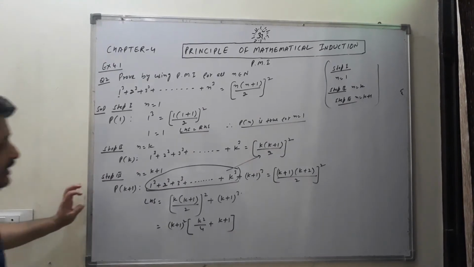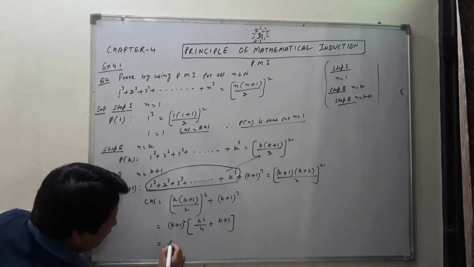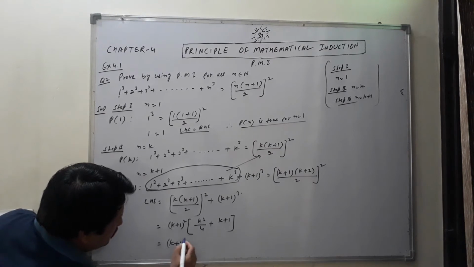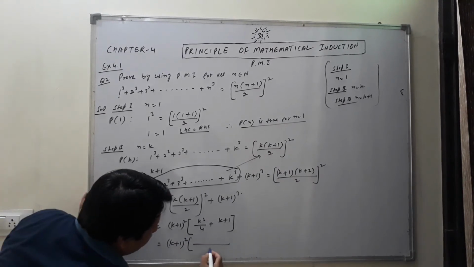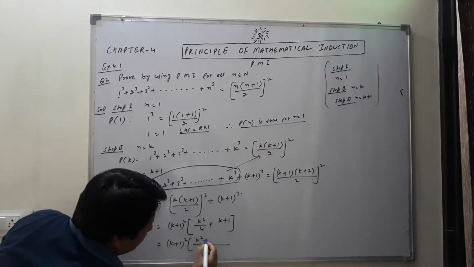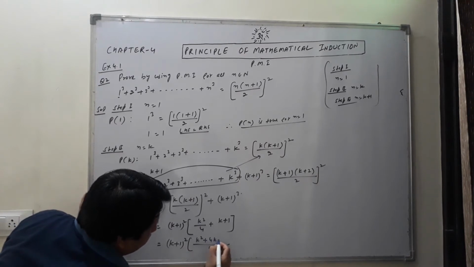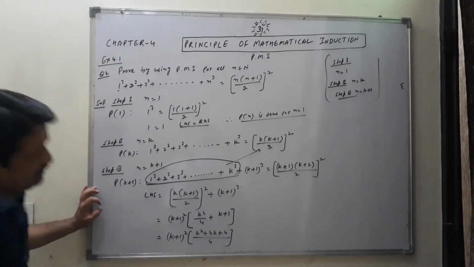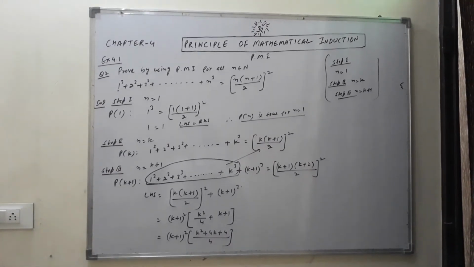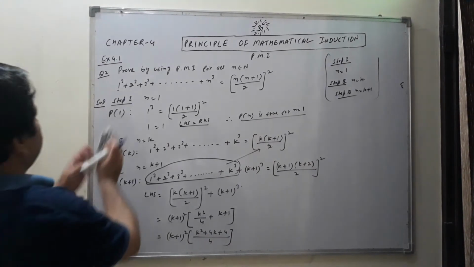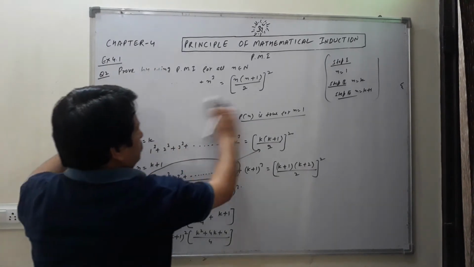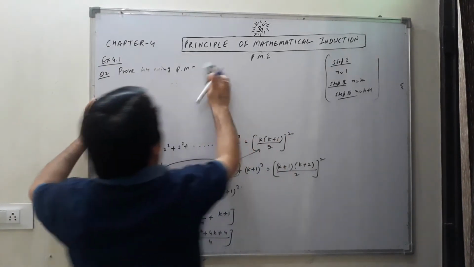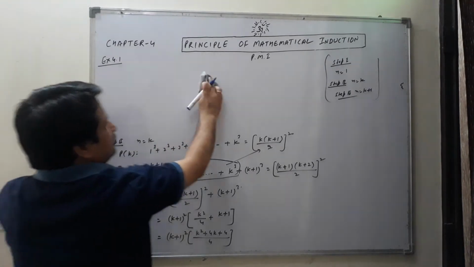Now we will take its LCM. It will come as k plus 1 whole square, and here 4 is the LCM, k square plus 4k plus 4. After that, we will solve it.